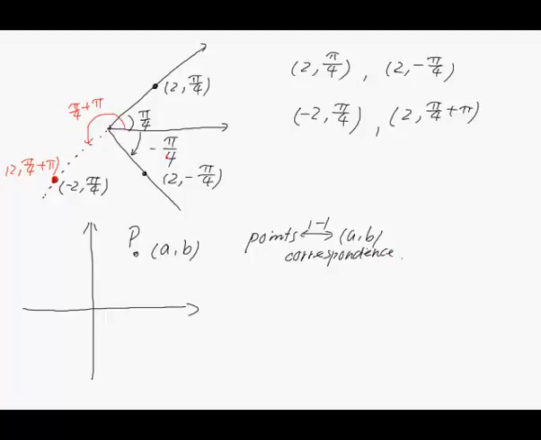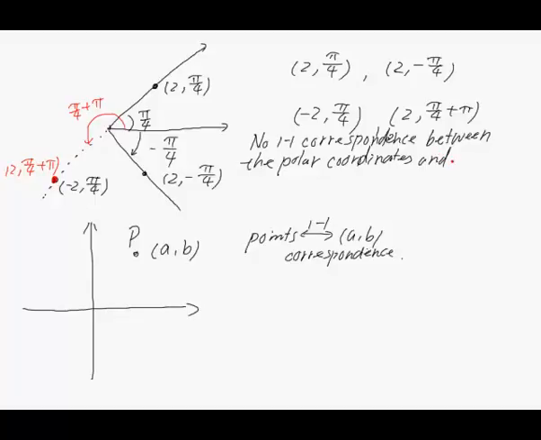But in the case of the polar coordinate system, no one-to-one correspondence between the polar coordinates and the points in the plane.